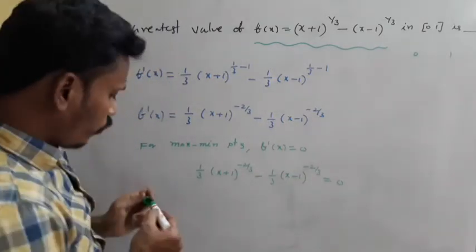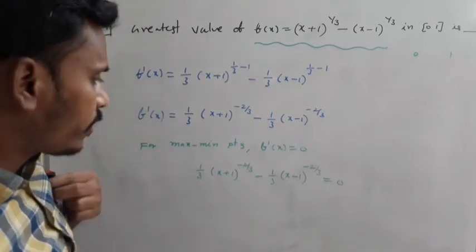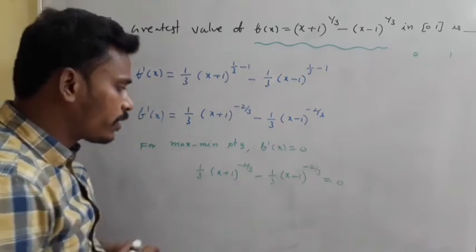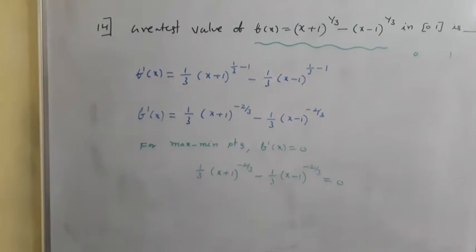So you just cancel out 1 by 3 and send this (x minus 1) power minus 2 by 3 to that side. What will happen? X plus 1 minus of x minus 1. Okay.